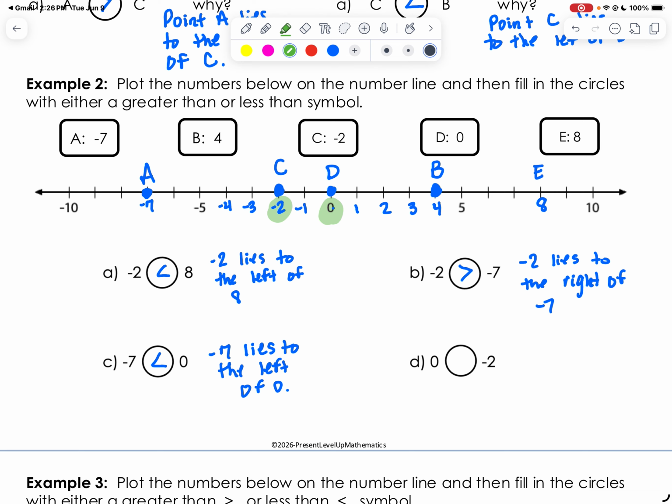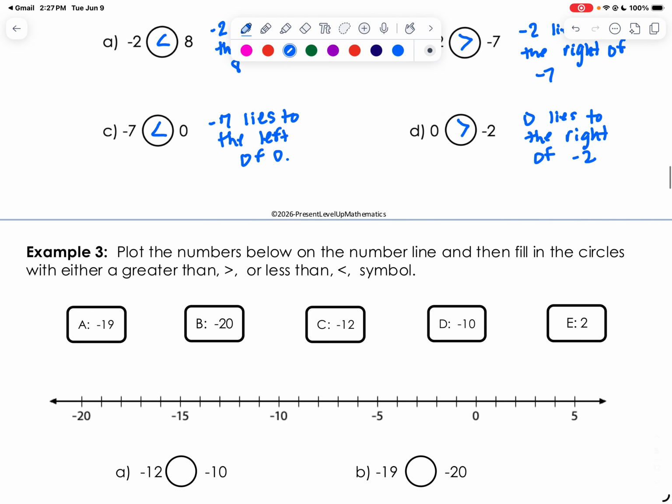Well, hopefully you said it lies to the right, so it is greater than -2. So 0 lies to the right of -2. Therefore, 0 is greater than -2.